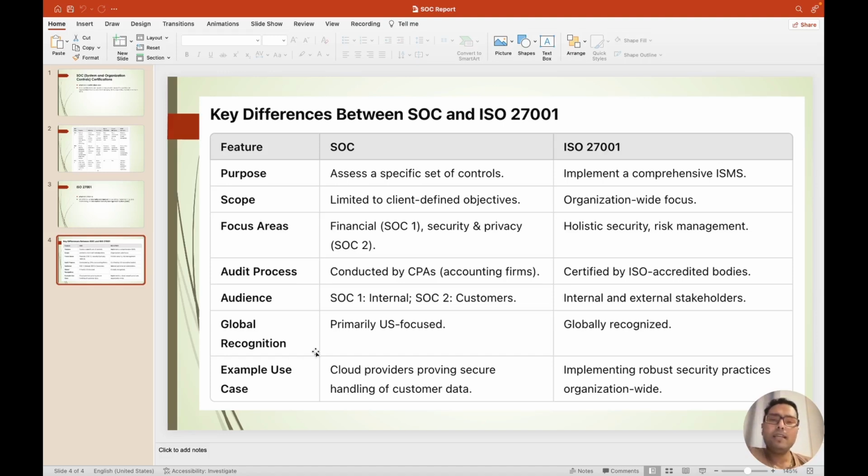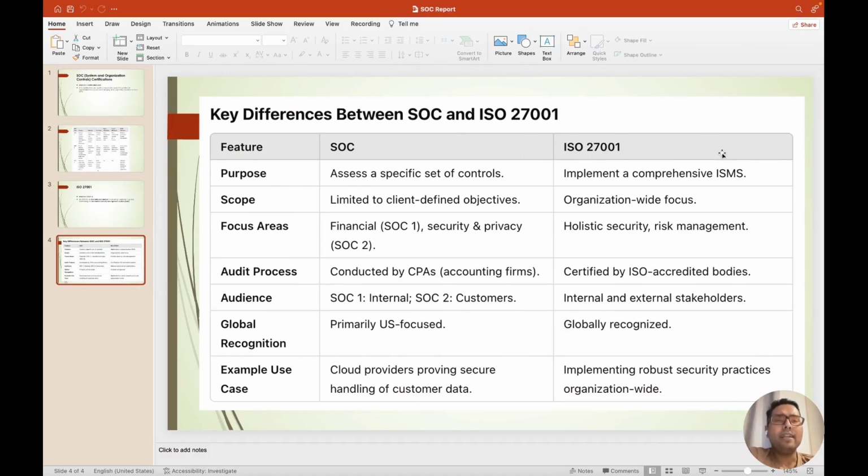An example of use is generally the cloud provider, because they are storing and processing highly sensitive user data. So cloud providers like Facebook, Google, AWS generally conduct the SOC certification. But ISO 27001, as I said earlier, is conducted by different organizations in different areas.